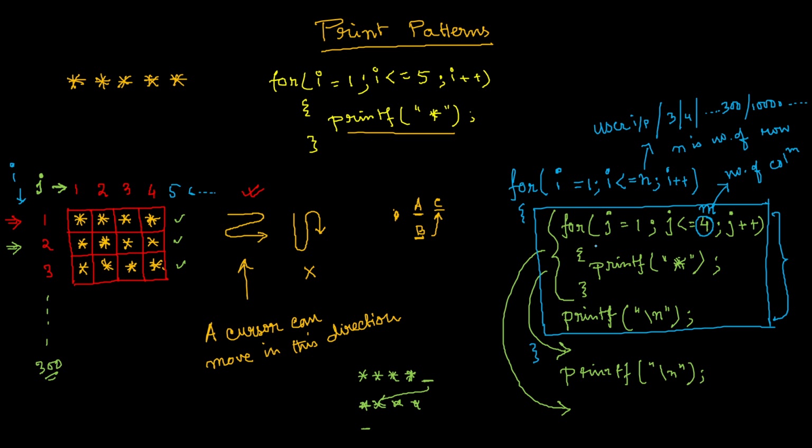And what will be n and m depends upon the type of the pattern, right? In this way we can start thinking about how we can print a two-dimensional pattern and why it requires a nested for loop.